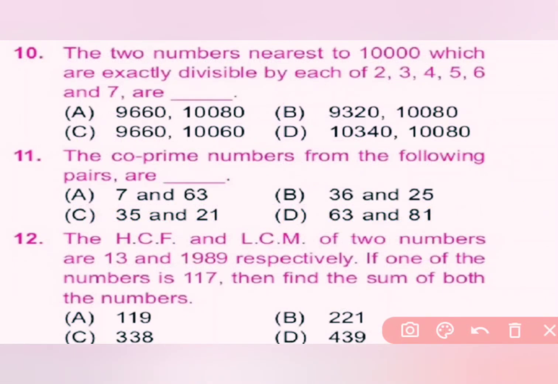Question number 10. The two numbers nearest to 10,000 which is exactly divisible by each of 2, 3, 4, 5, 6 and 7 are. So here we need to find out first the LCM of 2, 3, 4, 5, 6 and 7. The LCM is 420 for this number.